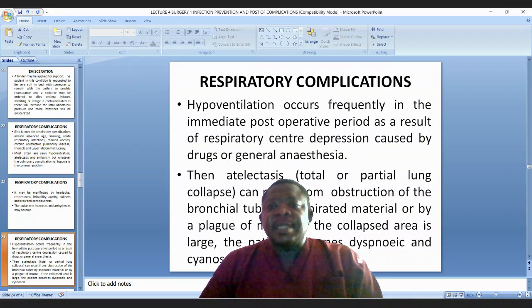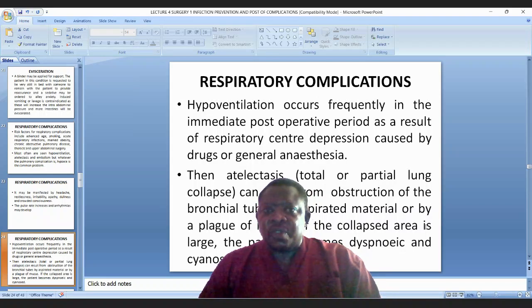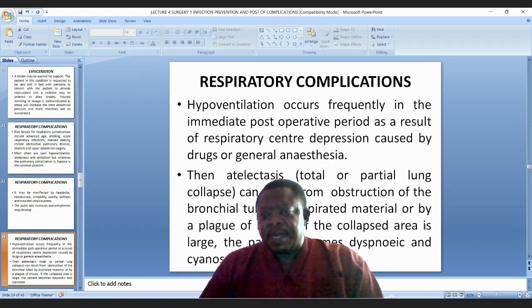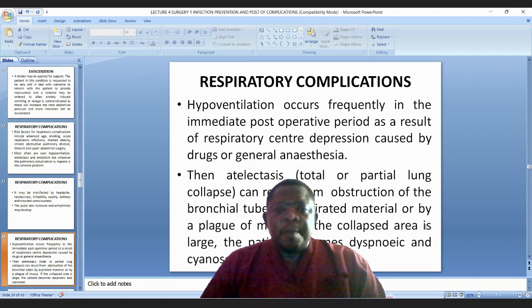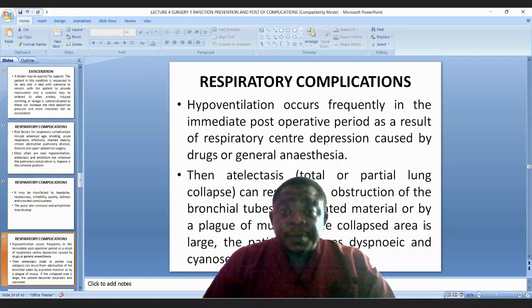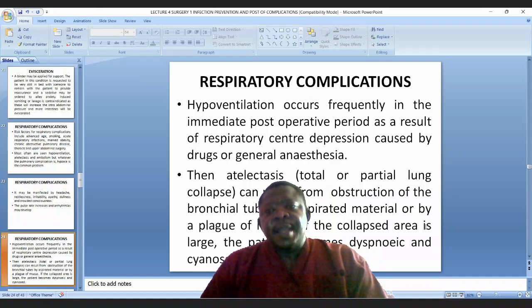Atelectasis, which is a total or partial lung collapse, can result from obstruction of bronchial tubes by aspirated material or a plug of mucus. If the collapsed area is large, the patient becomes dyspneic and cyanosed.